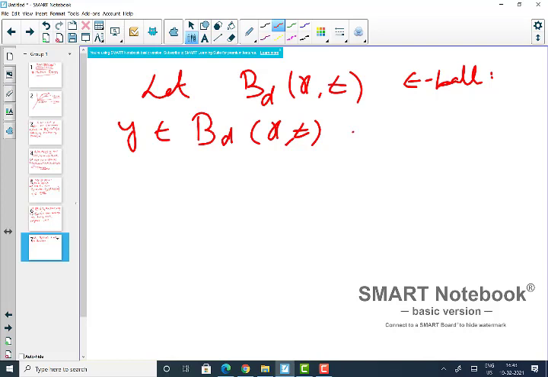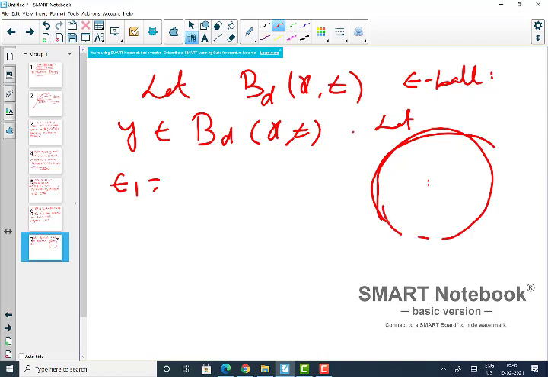Okay, so now let's write down some epsilon 1. What does that mean? You have a point x, and you have a kind of circle centered at x. This is your x.